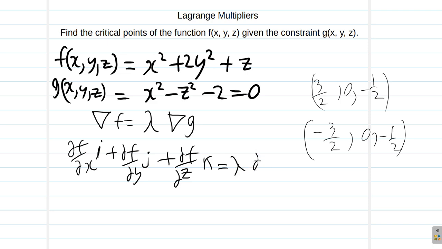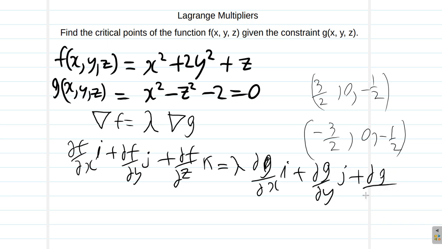the gradient of the constraint: the partial derivative of the constraint with respect to x in the i direction, plus the partial derivative of the constraint function with respect to y in the j direction, plus the partial derivative of the constraint function g with respect to z in the k direction.